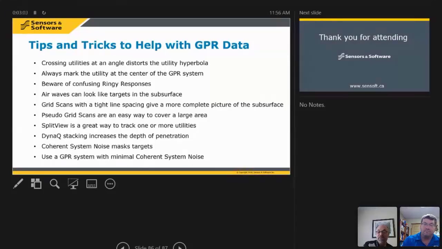And what proves that is people actually use GPR to do bathymetry. You can take a GPR system, put it in a non-metallic boat, float it out into fresh water, and you can see the bottom of the pond or the river or the lake. And so that means that water doesn't absorb GPR signal.